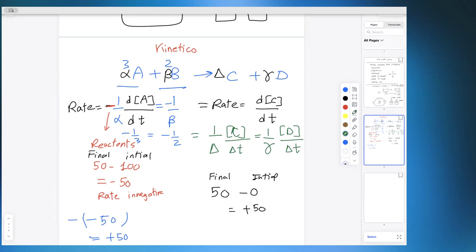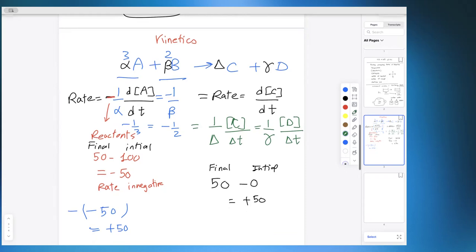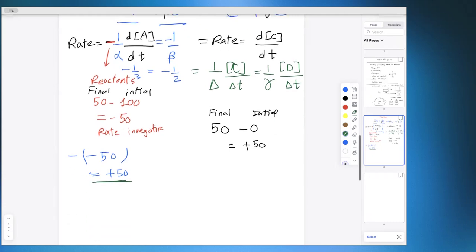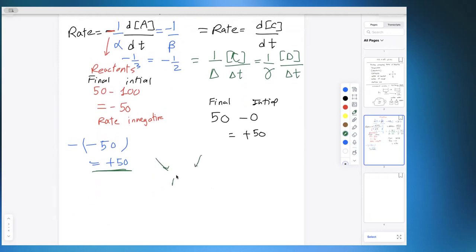The only difference is that it will be positive instead of negative. And we understood why we put it as negative in case of reactants, so that the final result will always be positive. The rate of the reaction has to be a positive value. Don't ever say negative in the rate of the reaction.